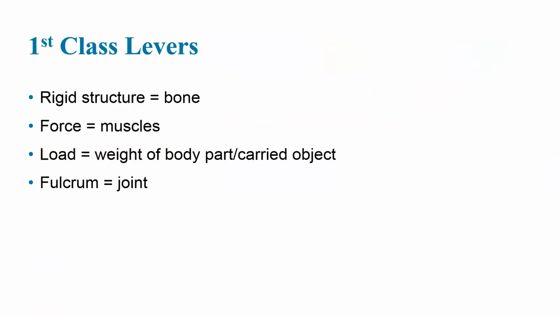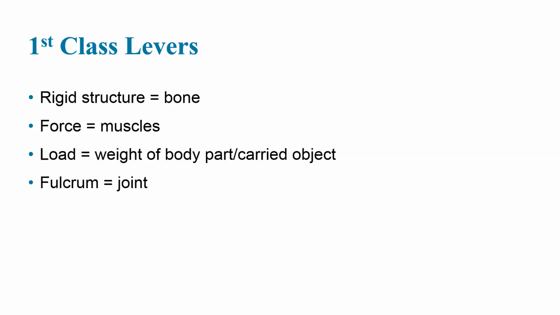In the human body, a lever's job is to increase the speed at which the body or its parts move. In the body, a lever consists of a bone, that's our rigid structure, the force acting upon it, which is usually coming from a force provided by muscle contraction.